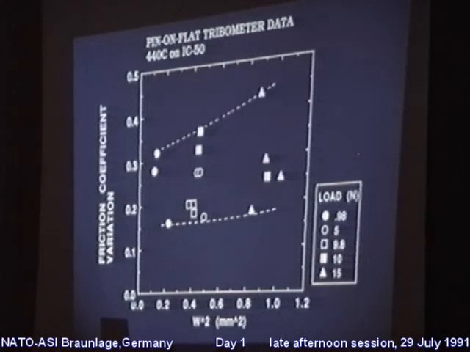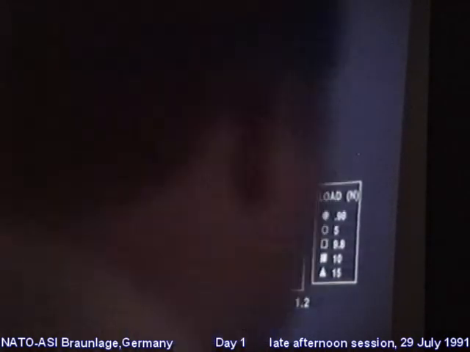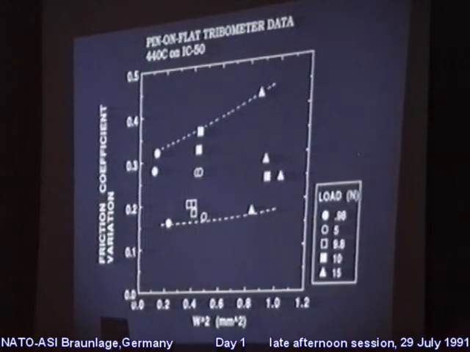So here we're plotting for the pin-on-flat tribometer the square of the track width versus the variation in friction coefficient, and just about all you can do is draw an envelope around the data and say somewhere in the midst of this, our data lie. There isn't even a very good correlation with load. I threw in some extra data here with 15 newtons, but still very unsystematic or unclear variation.